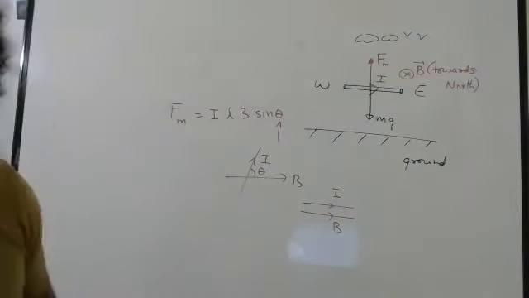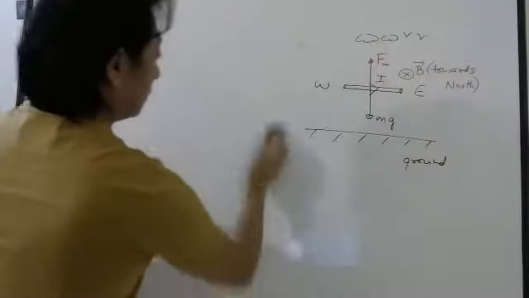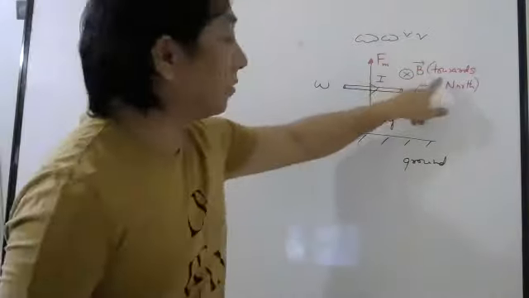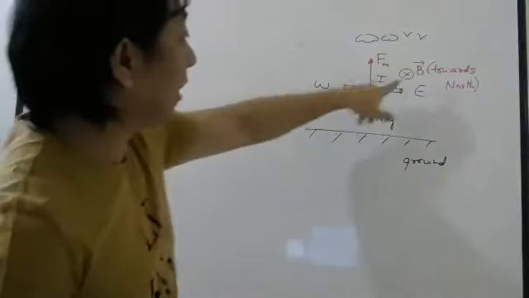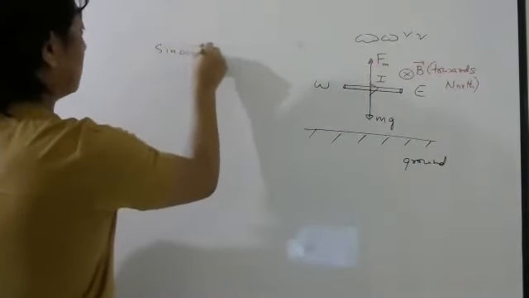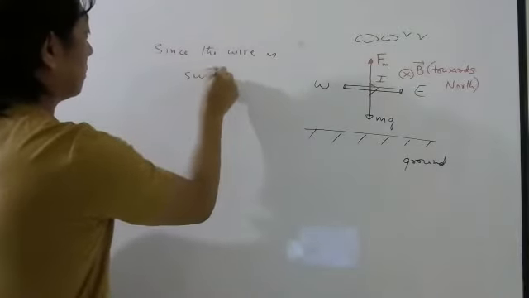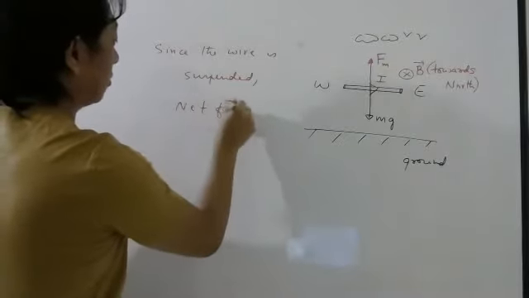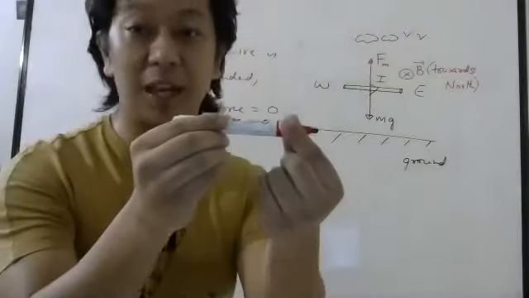Okay, students. So the direction of the magnetic field we have found. It should be towards north. Now let us calculate the magnitude. Since the wire is suspended, the net force on the wire should be 0, because the wire is suspended in mid-air.